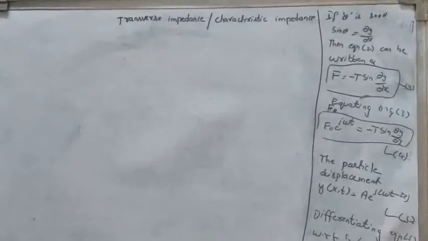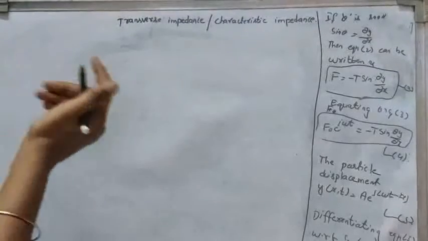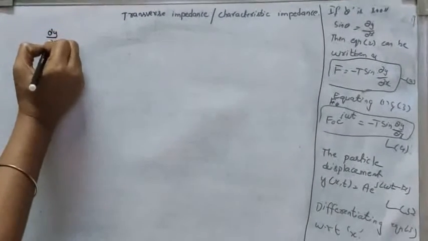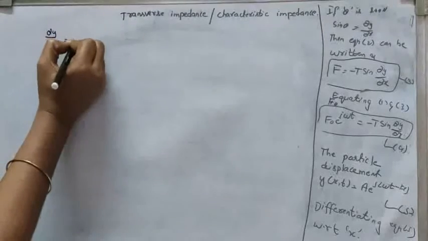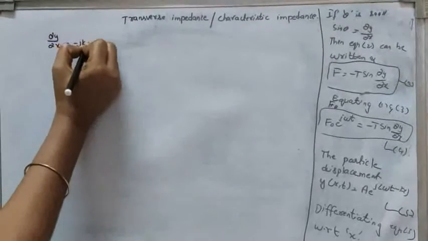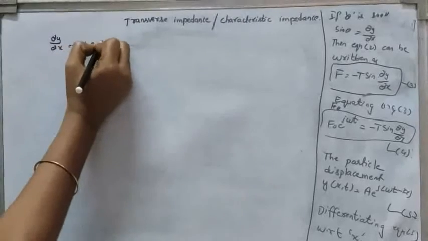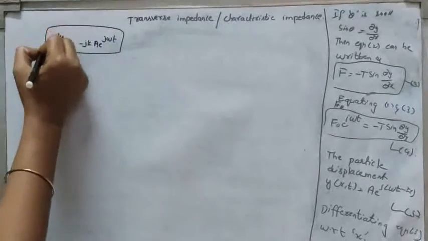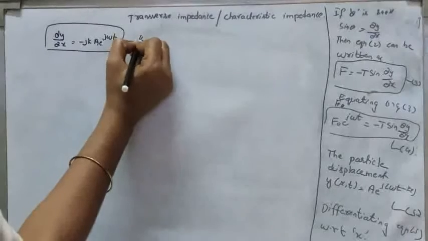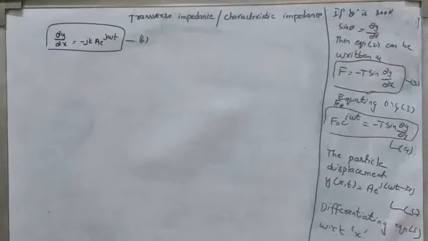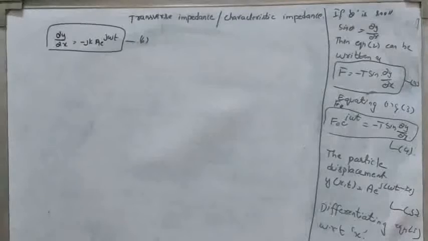So what you will get here? ∂y/∂x is equal to minus j k A e power j omega t. Consider this as equation number 6. That means differentiating equation 5, you get ∂y/∂x equal to minus j k A e power j omega t.